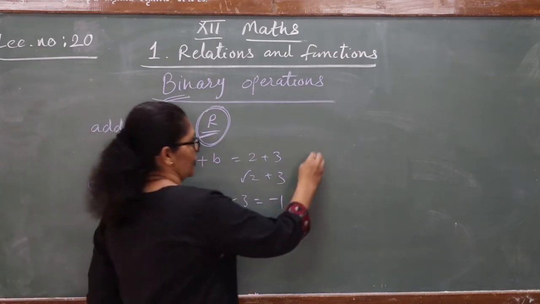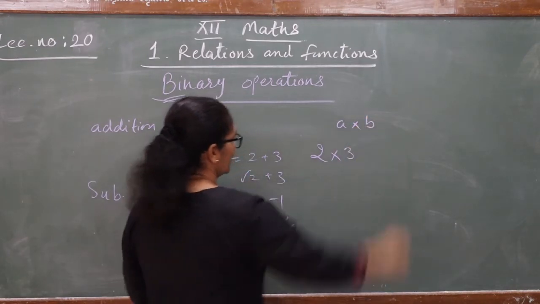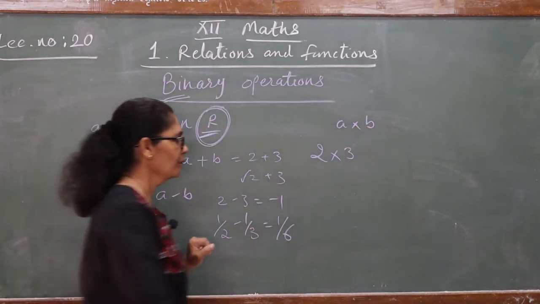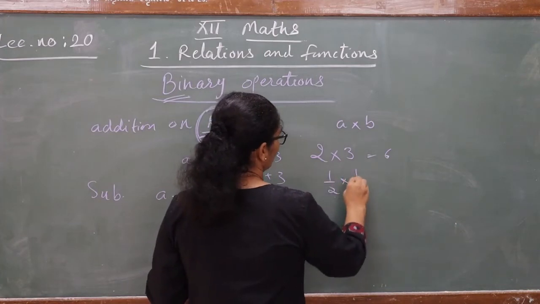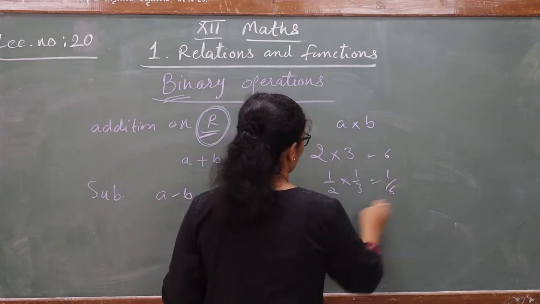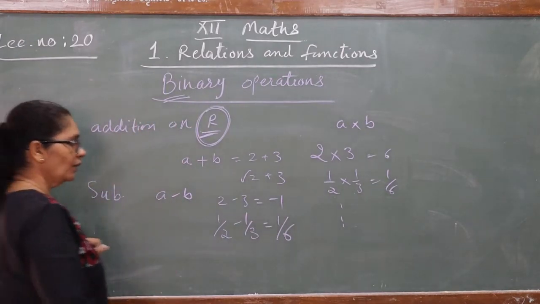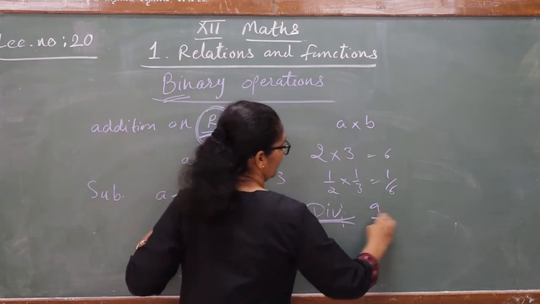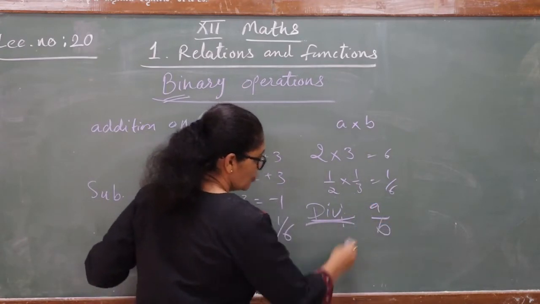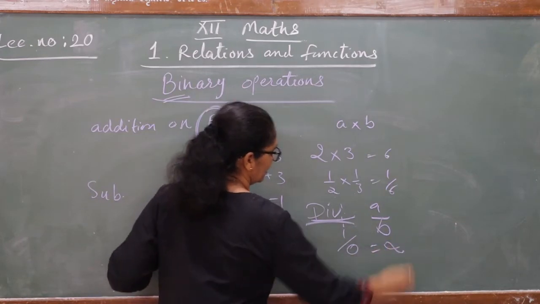Now multiplication. Multiplication means we take it in the concept of A cross B. So 2 into 3 is 6. Similarly 1 by 2 and 1 by 3 is 1 by 6, and so on. So multiplication is also in R. But now the last is division. In division we take the format A by B. If I take 1 by 0, then what do I get?